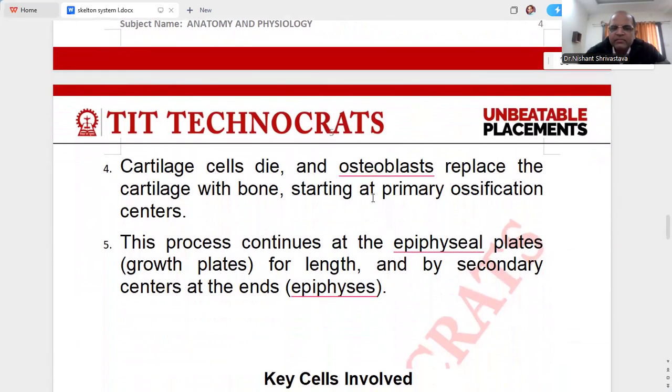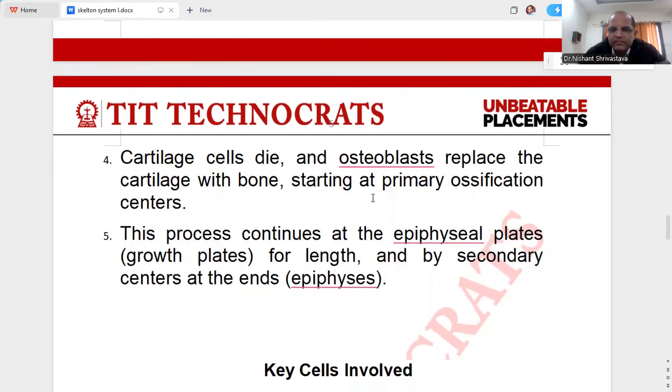Cartilage cells die and osteoblasts replace the cartilage with bone, starting at the primary ossification center. So this is the hardening process of the bone. This process continues at the epiphyseal plate, the growth plate, for length, and by secondary centers at the ends, meaning the epiphysis.